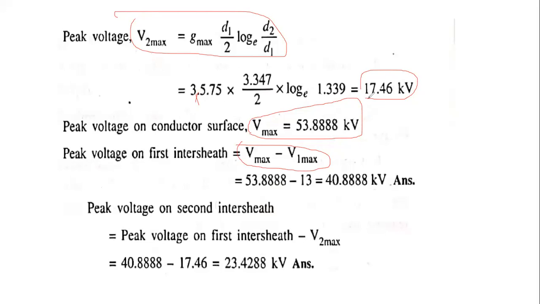What is the value of V2 max? That is 17.46. Therefore 40.88 minus 17.46 is 23.42 kilovolts. This is the peak voltage on the second intersheath. Understand?